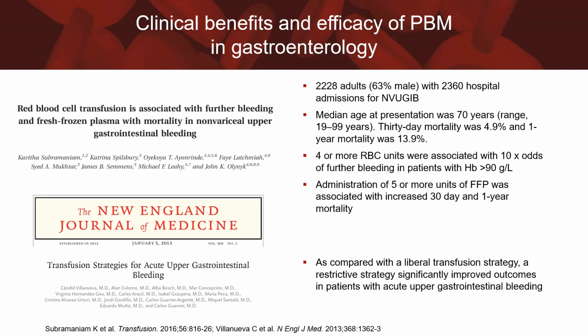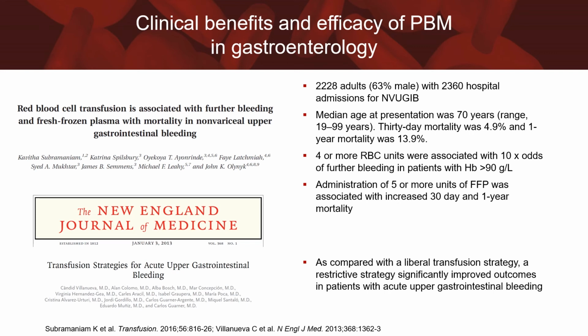In a paper from Western Australia in 2015, 2,228 adults with a median age of presentation of 70 years demonstrated that 4 or more units of red cells were associated with 10 times increased odds of further bleeding in patients with a hemoglobin of 90 or above.